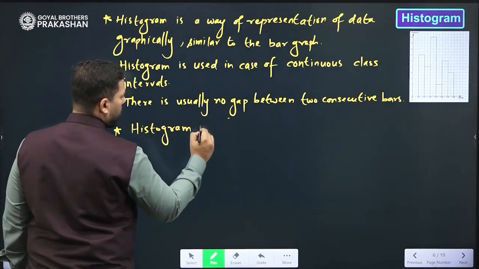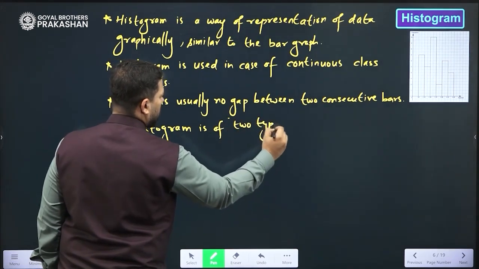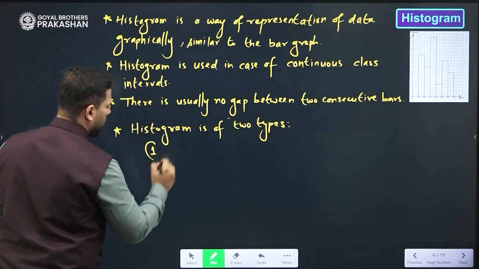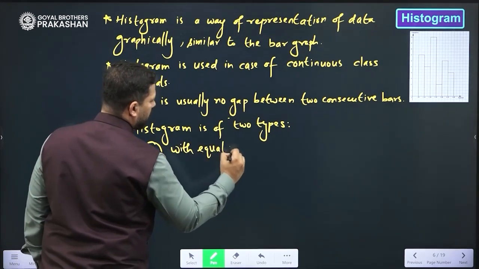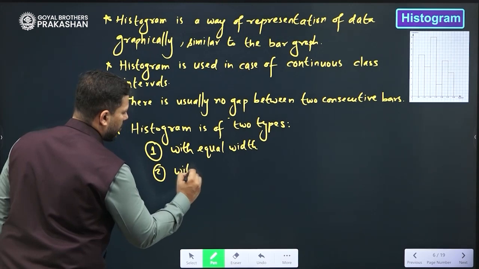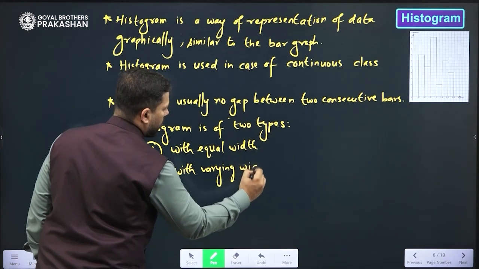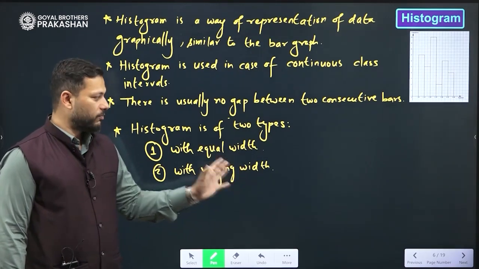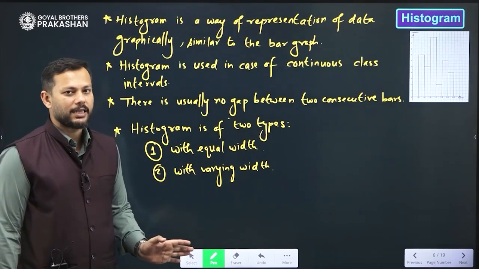First, with equal width, and second, with varying width. Okay, first, the histogram of equal width will have the same class size throughout, and the varying width will have different class sizes, right?